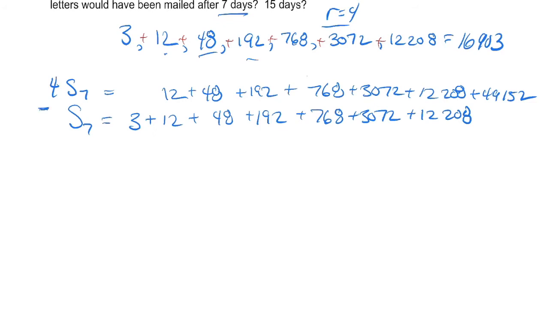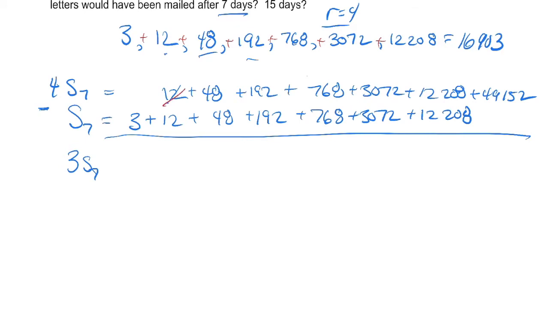So a little bit like what we did with elimination there. And here we can see that because we got the same terms over there, 4 S7 minus S7 is 3 S7, and these things are going to cancel out when I subtract them.